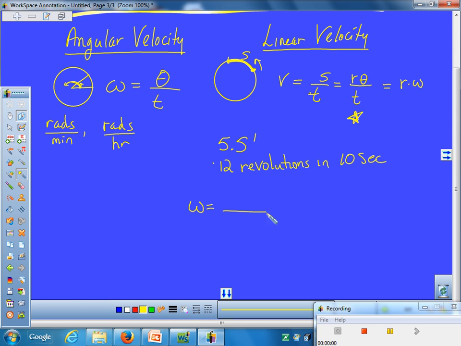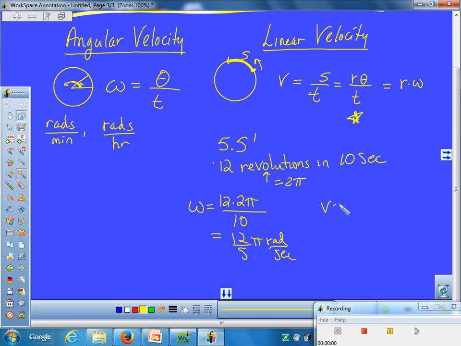He did 12 revolutions. Not 360, radians. A revolution in radians is 2 pi. Anytime they say revolution, think, oh, that's 2 pi. So he did 12 times 2 pi over 10 seconds. They'll leave angular velocity in pi. That's the only one where they leave pi in the answer. I'm okay if you decimalize it, but they won't. So they'll reduce that down to 12 over 5 pi radians per second.